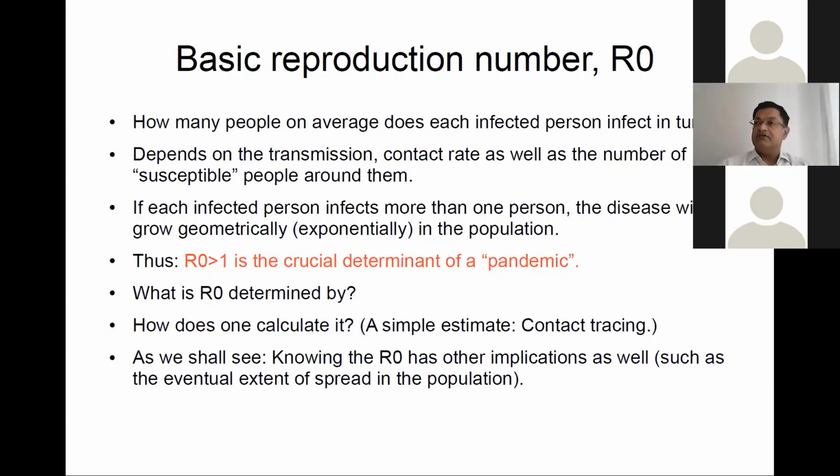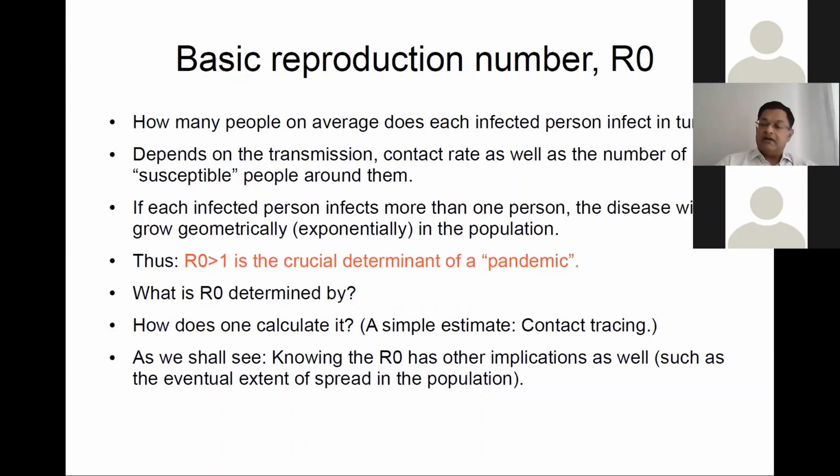So SARS-CoV-2 has an R0 of approximately 2. It's been reported to have a number anywhere between 1.5 and say 2.5. So on average, a person with COVID is likely to infect 2 other persons, a secondary infection to 2 other people.